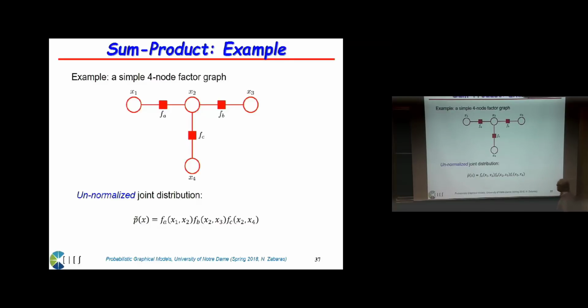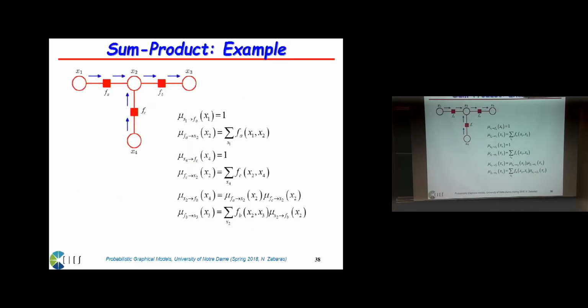So using this SumProduct algorithm on factor graphs, what do we need to start doing? What would be step 1? Choose a root node, and it can be anything. It doesn't really matter. In this case, let's say we take the root node to be x1. So you're going to start sending messages from the root node to this factor, then from this factor to this node.